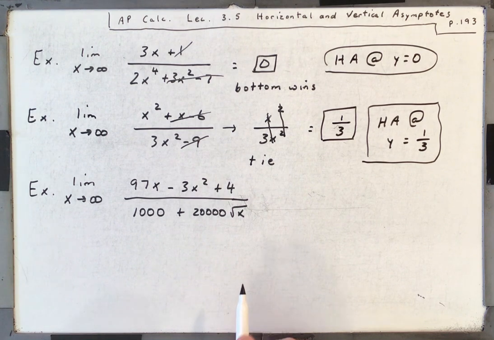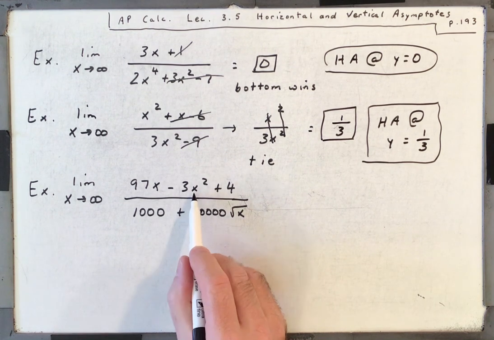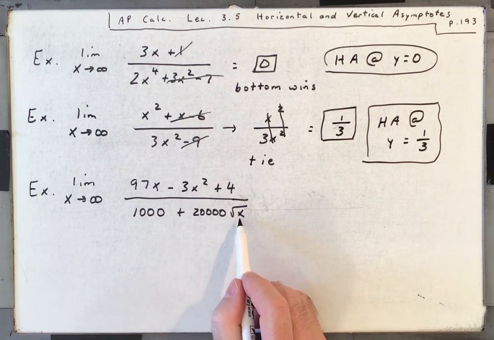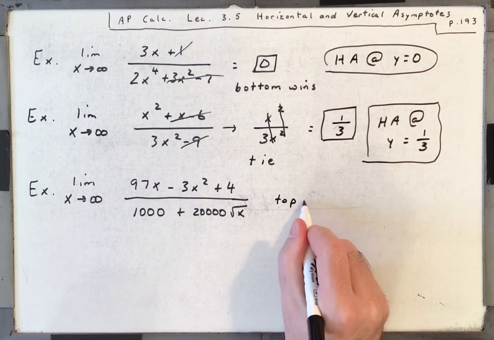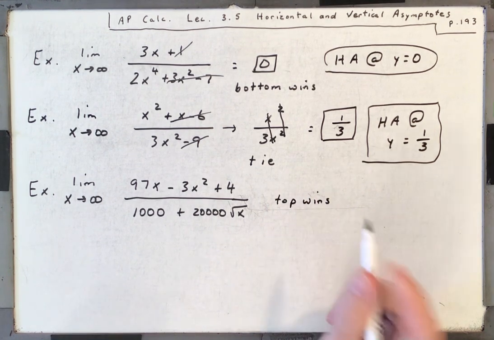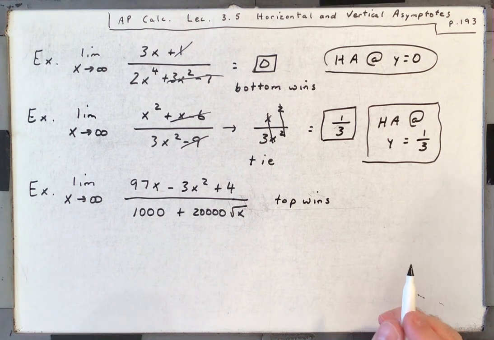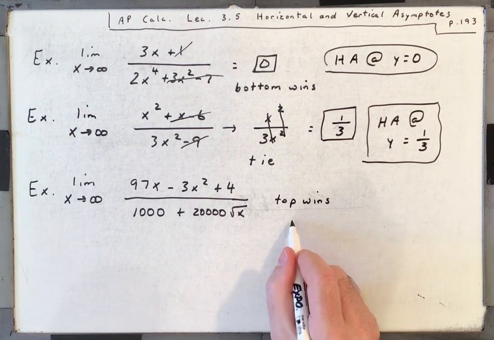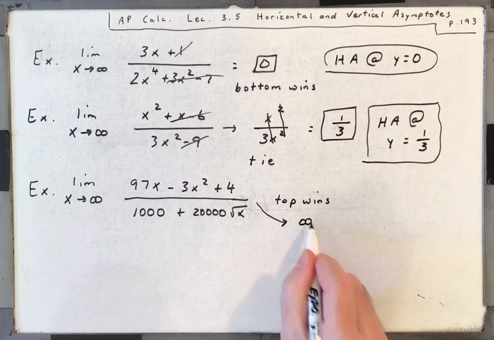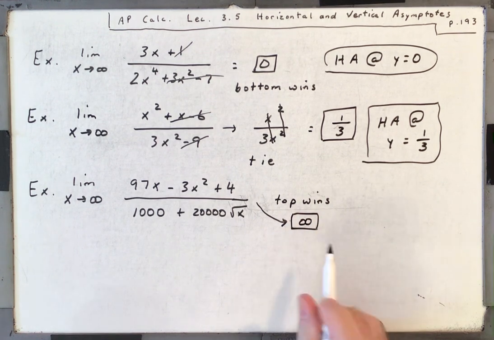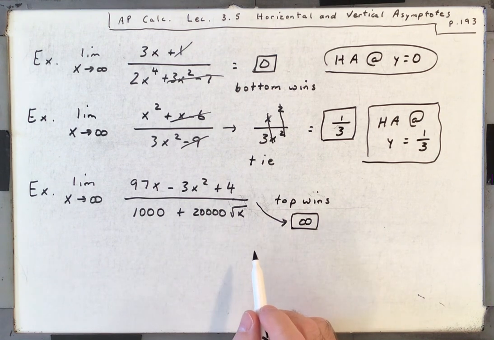But all I care about is the highest power. The highest power on top is x squared. The highest power on bottom is root x, or x to the 1/2. Okay, so the top wins, right? So do we have a horizontal asymptote? Okay, the answer to this limit is infinity. When the top wins, the answer is infinity.